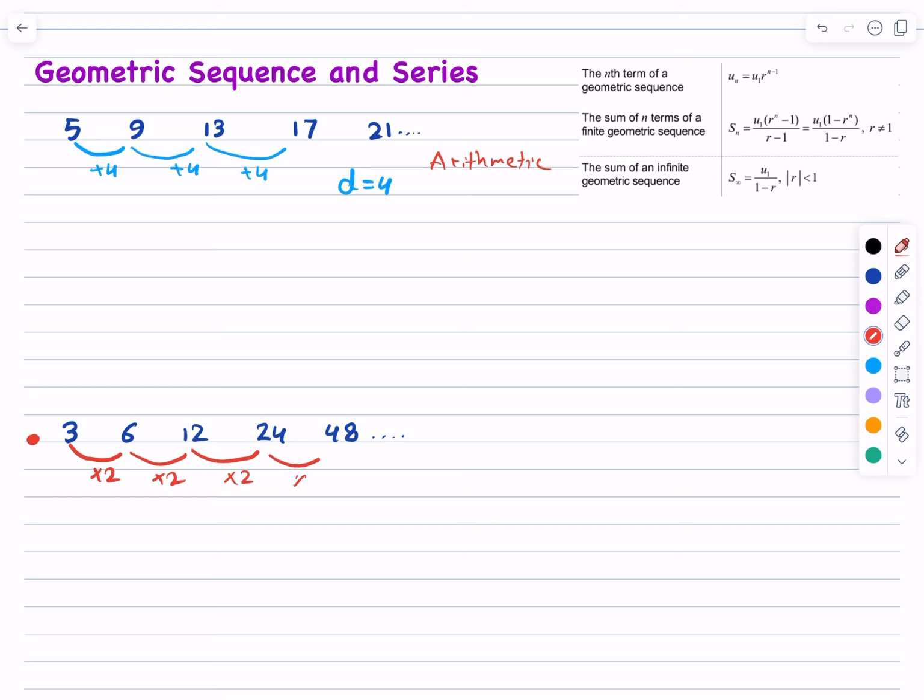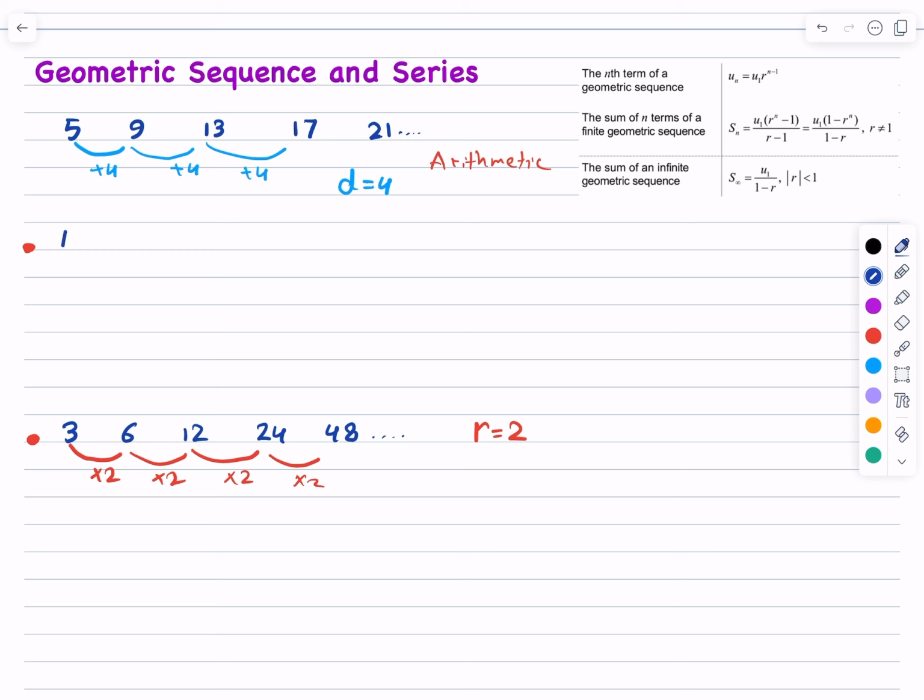So here, in geometric sequences, we multiply any term by a certain number, like here 2, to get the subsequent or the next term. This 2 here is called the common ratio R. So the common ratio R is 2 in our example. Another example about a geometric sequence would be like this.